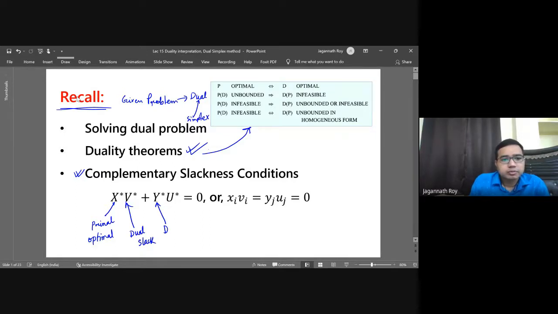Optimal. So this is dual basic variables. And this one was primal slack variable.